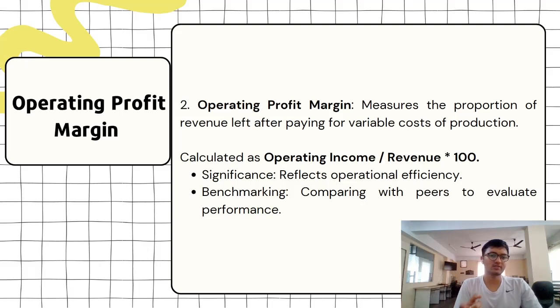It is slightly different from PAT margin, but this ratio is also significant, and you can compare with other companies and peers when you're investing in a particular sector and you see the valuations of different companies. You can use this ratio to see which company you should be investing in at the end of the day.